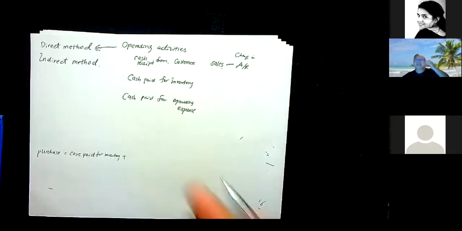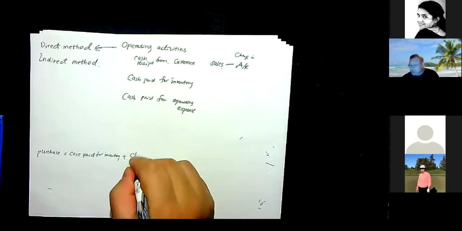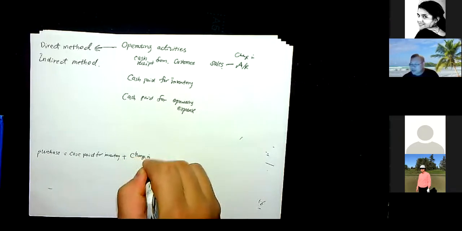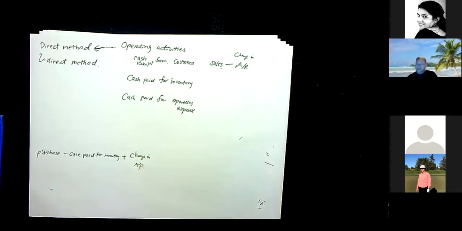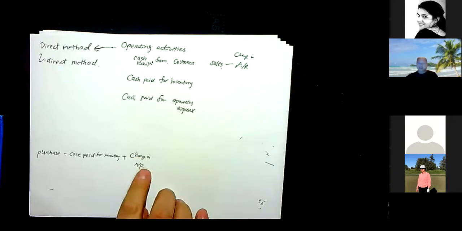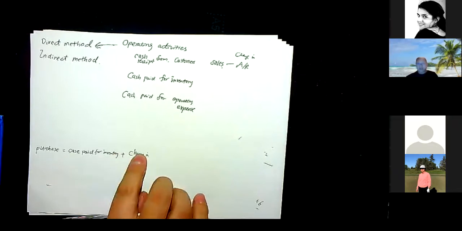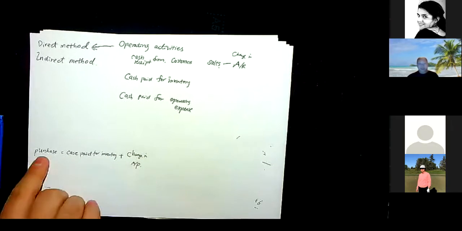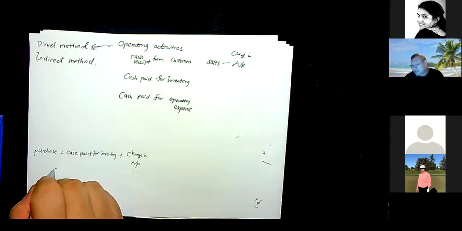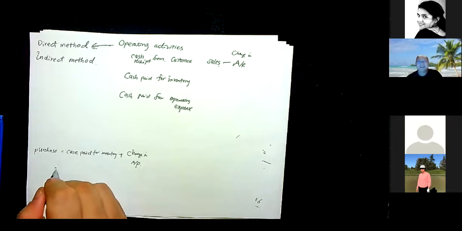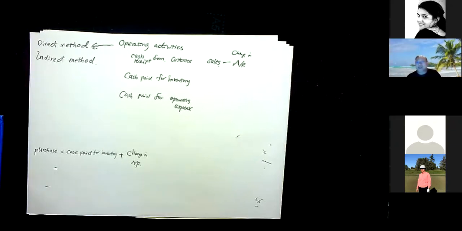AP. Thank you. That's the change in AP. If it's a positive number, you pay less cash and you're going to have more AP. The total together is your purchase. So what's your purchase? Think about the inventory equation.